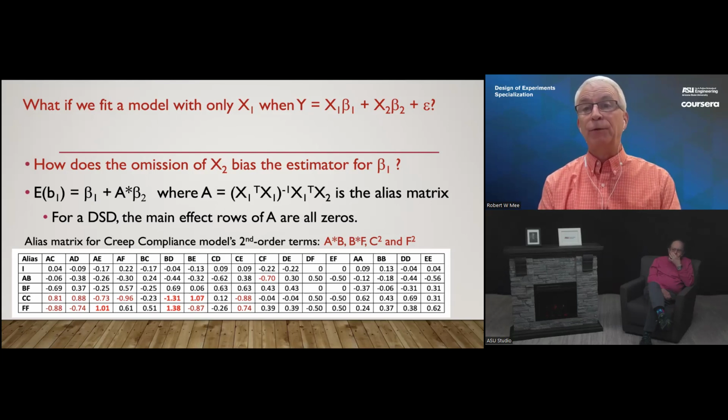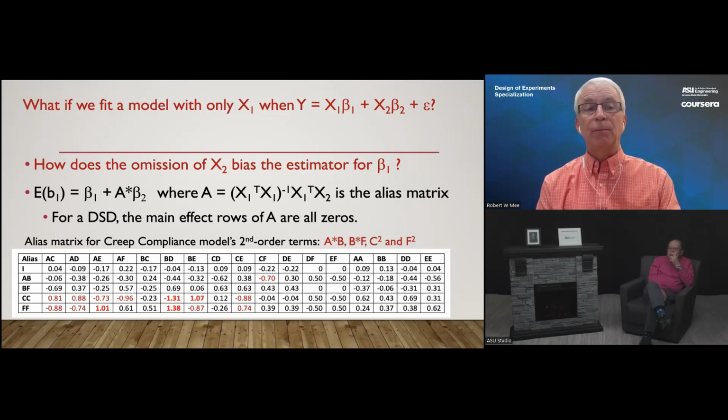Now, if beta 2 is 0, then omitting those columns has no penalty. And our least squares estimator for beta 1 is unbiased. But the alias matrix shows us the possibility of bias to the estimates in our model.